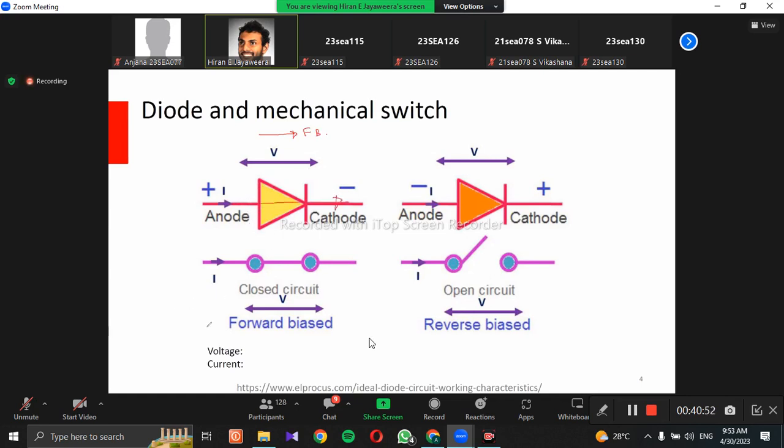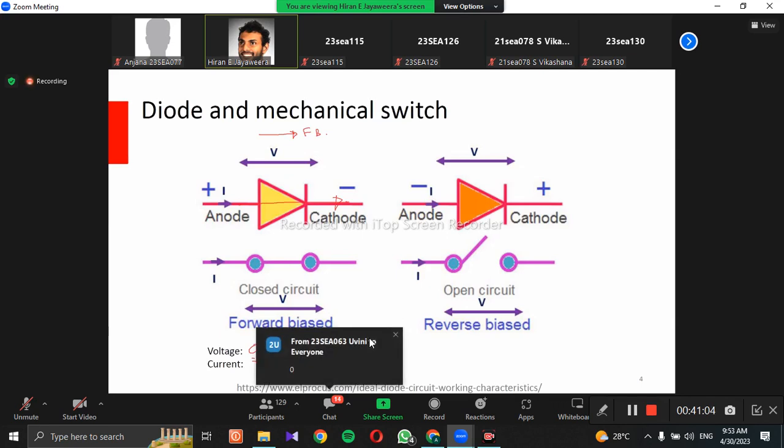What can you say about the voltage across the ideal diode when it is forward bias? It is 0, and the current through the diode is a non-zero value. And when it is reverse bias, the voltage is a non-zero value, but the current is 0.